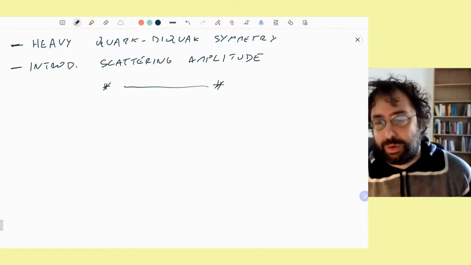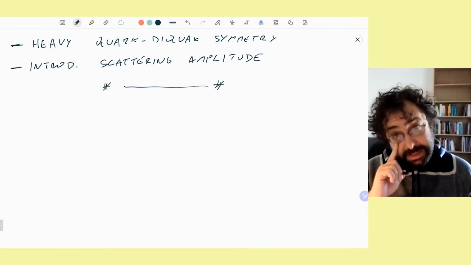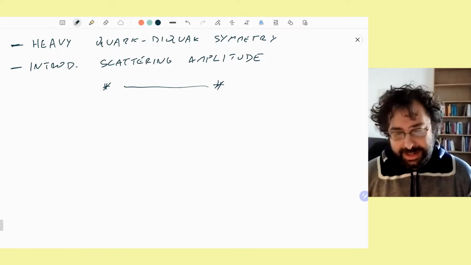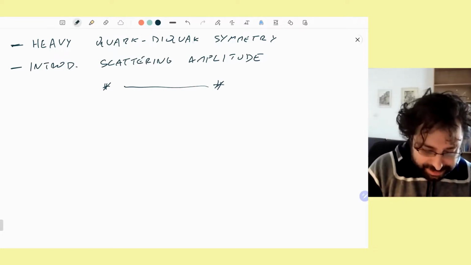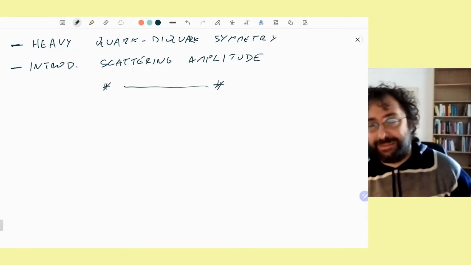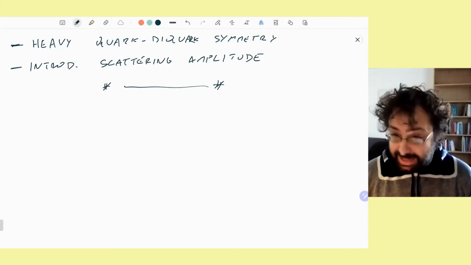What's this heavy quark diquark symmetry? Well, as we mentioned several times, the heavier a quark is, the less it interacts with the other quarks in the hadron.